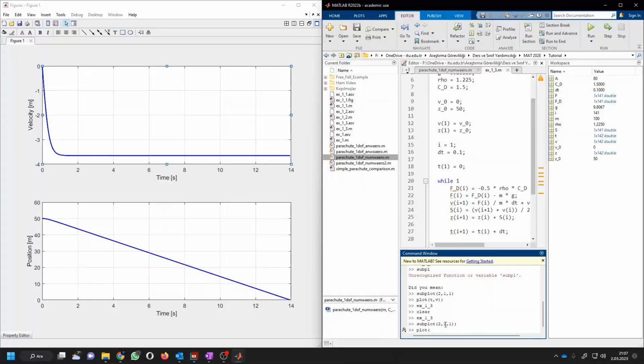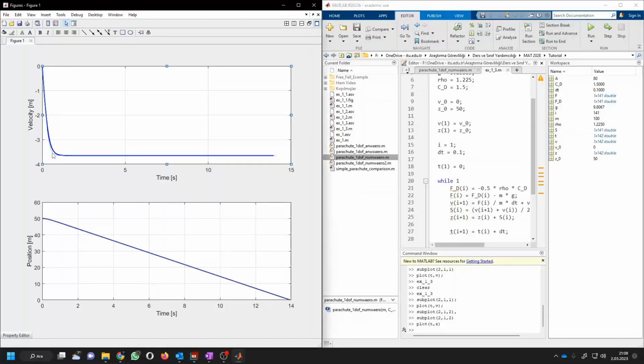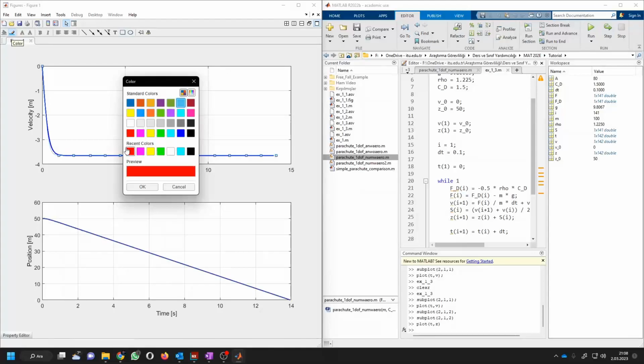Plot velocity. Okay, now we see the difference. Subplot 2, 1, 2. Plot. Okay. Change this color to red.